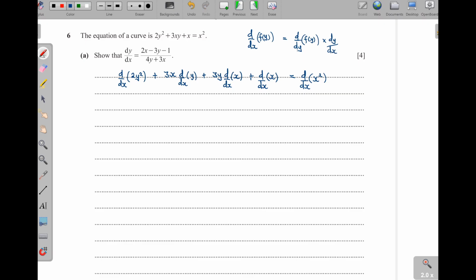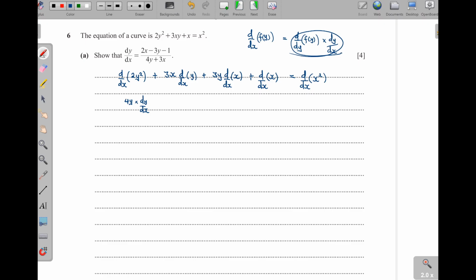We are doing so because this one can cancel with this, and then you remain with the derivative of this function with respect to y. Remember, this is not like differentiating a constant. Y is a variable. It's a function. So we use the chain rule. So when I differentiate this with respect to y, I'll get 4y. So I'll write 4y, then I'll multiply by dy/dx.